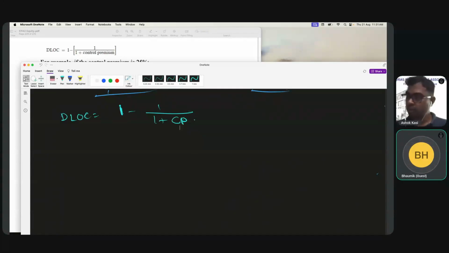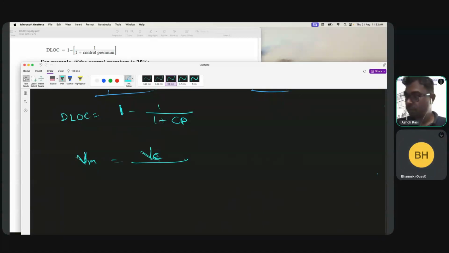Now let's try to understand the intuition behind this. Say for example, imagine the value of your minority shares compared to the value of the controlling shares. Which one will be higher and which one will be lower?